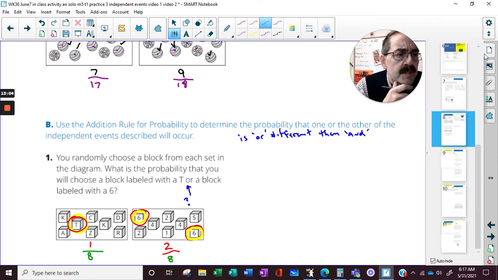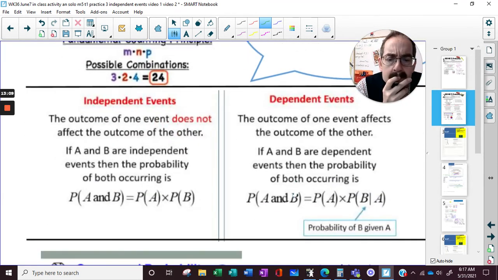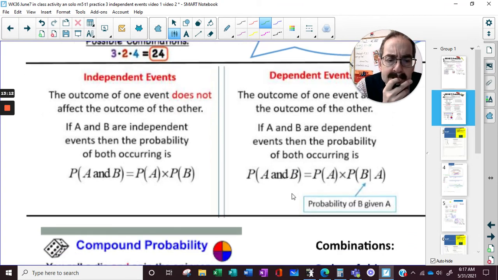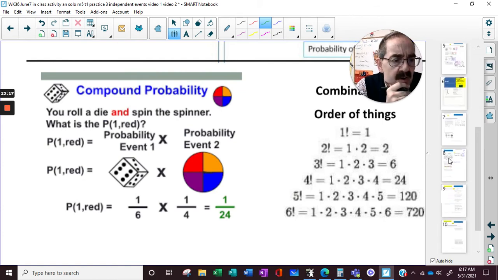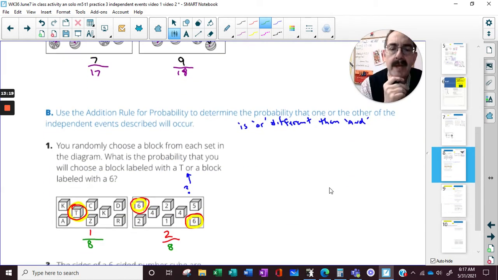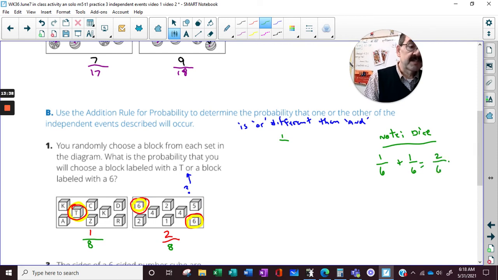Let's see if our cheat sheet helps us with this. We don't have an or statement here, so we're going to have to figure this out on our own. Note, in the dice, 1 out of 6 plus 1 out of 6 is just 2 out of 6, which is 1/3 of the time.